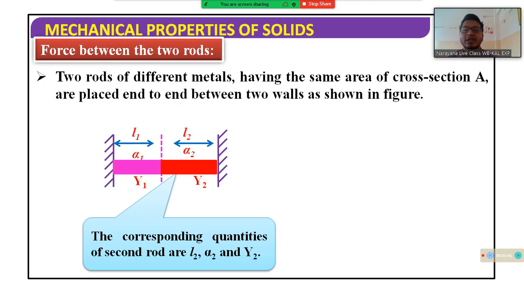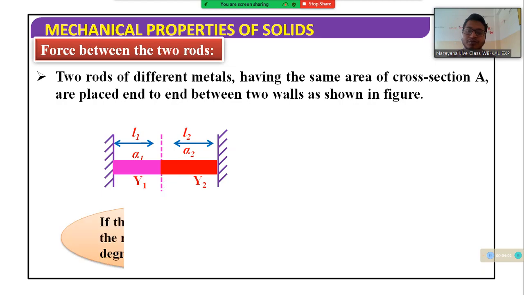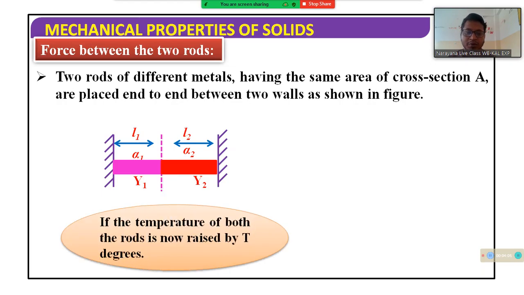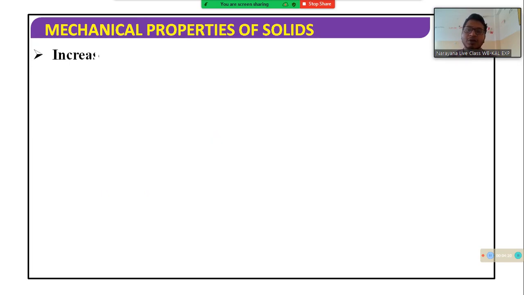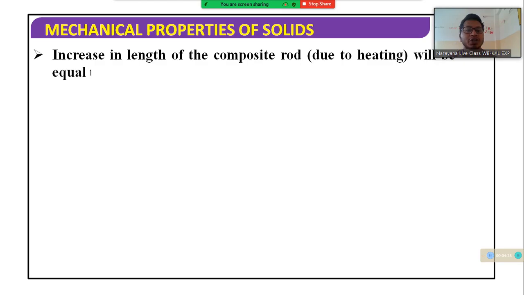The second rod has length L2, cross-section area A, and Young modulus Y2, since the Young modulus of the rods is different. If the temperature of both rods is raised by T degrees, what will be the increase in length of the composite rod due to the heat?